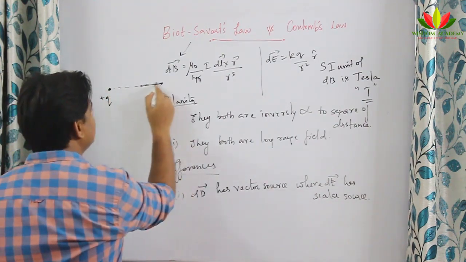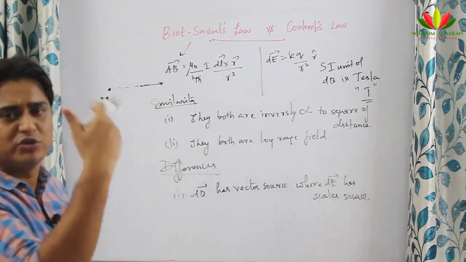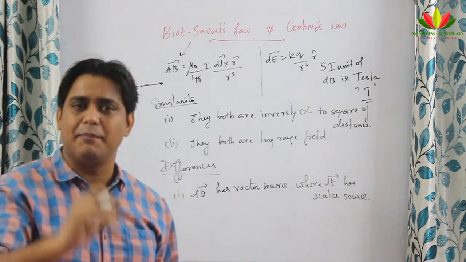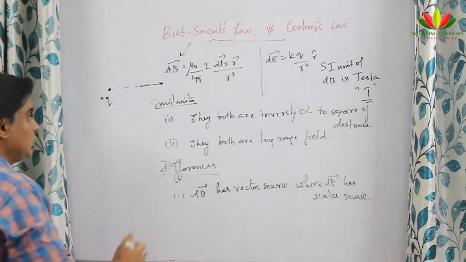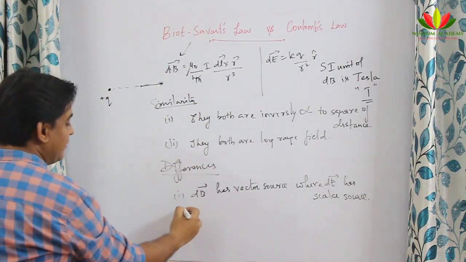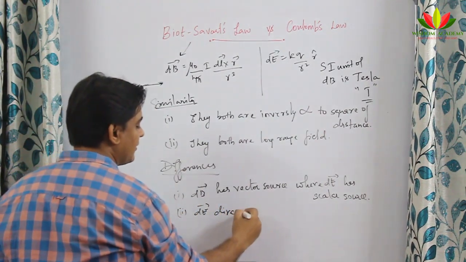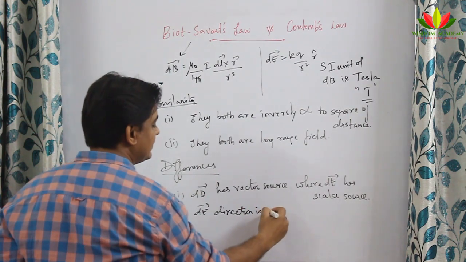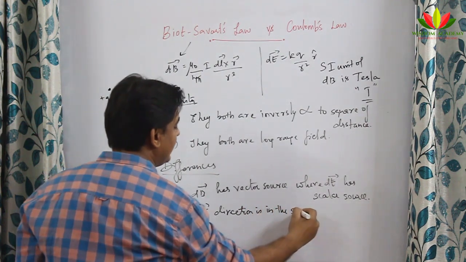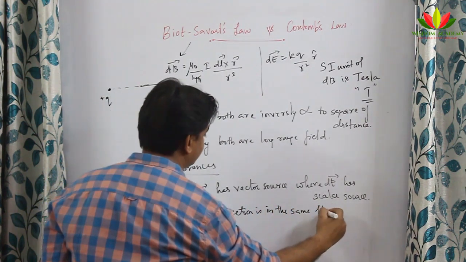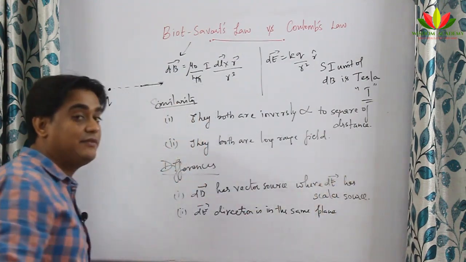Can you see it is in the same plane? Nothing happens in the opposite planes. So I can write about electric field that the electric field direction is in the same plane. What about the magnetic field direction?